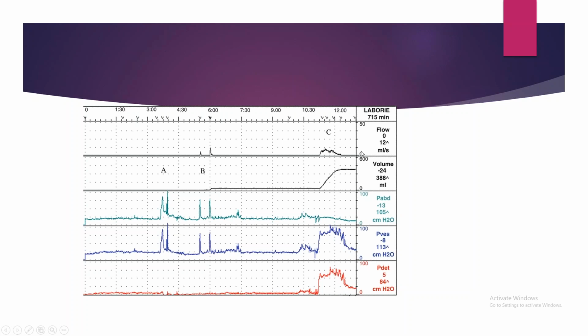Now in the voiding phase, did it cross 15? No. So that means reduced flow rate is there. Correct? Detrusor pressure has risen to more than 70. It has reached almost 90, correct? Sorry, here the detrusor pressure is okay.